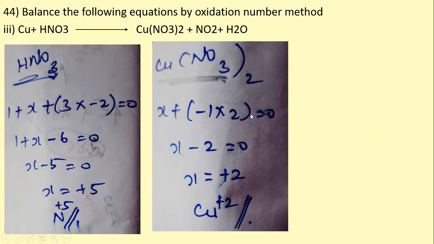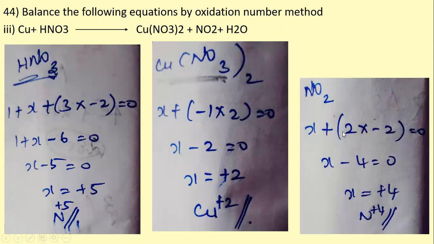Here 2 moles are there, so simply multiplied by 2, so that the copper will have the oxidation state of +2. And here NO2, for this nitrogen I am keeping as X, so the nitrogen will have the oxidation state of +4, right?